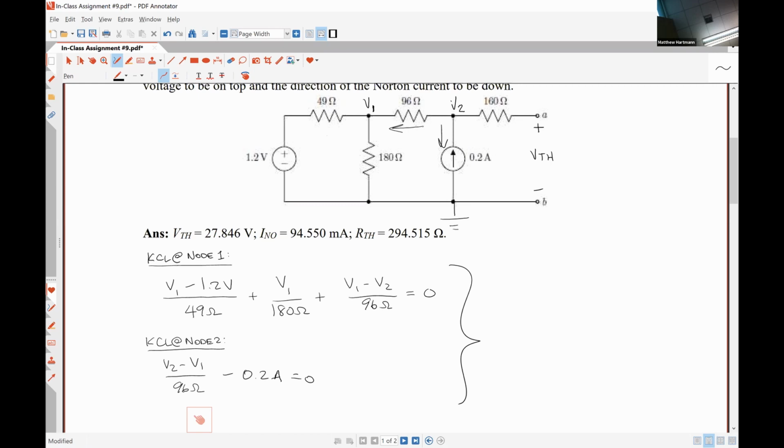If we solve these, we get V1 is equal to 8.646 volts, and V2 is equal to 27.846 volts. And we've discussed previously that V2 is exactly equal to V Thevenin. So we got this answer.